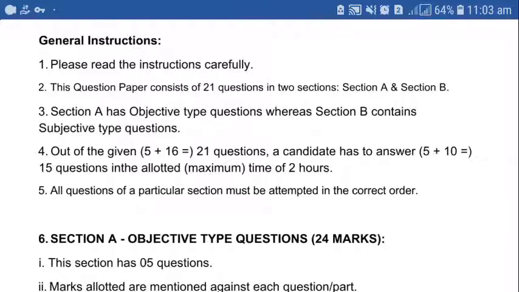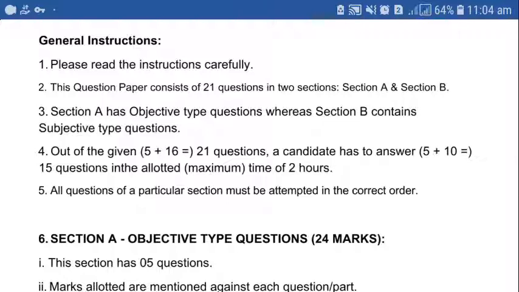This question paper consists of 21 questions in two sections, section A and section B. In section A there are objective type questions, and in section B subjective type questions. Out of the given 5 plus 16, that is 21 questions, you have to do only 5 plus 10.